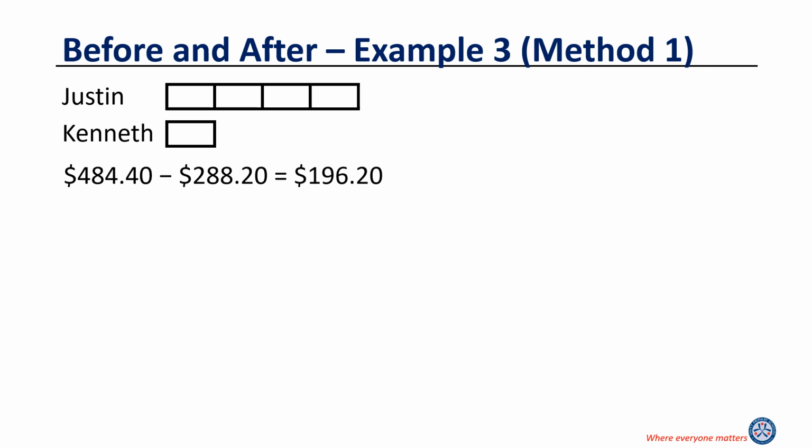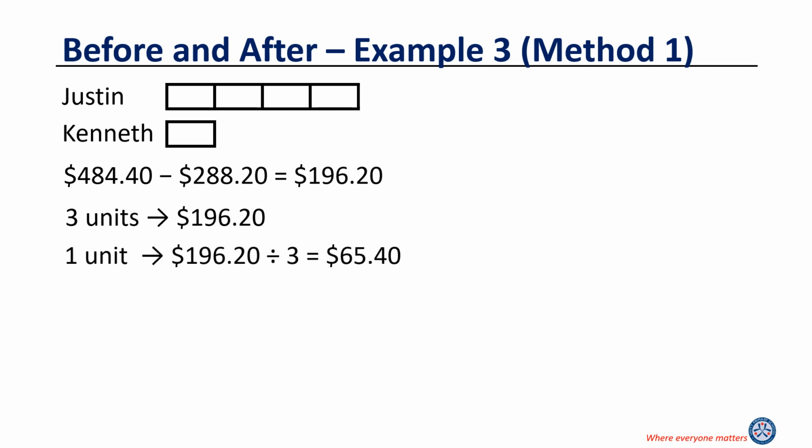If 3 units represent $196.20, 1 unit would represent $196.20 divided by 3, which is $65.40. $65.40 is the amount of money Kenneth had left. We would have to subtract this amount from what he had at first to get what he had spent. That would be $222.80.